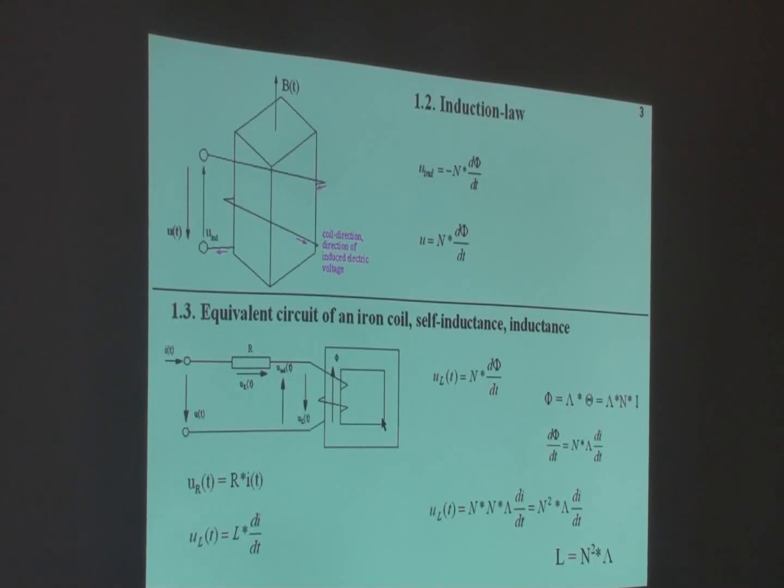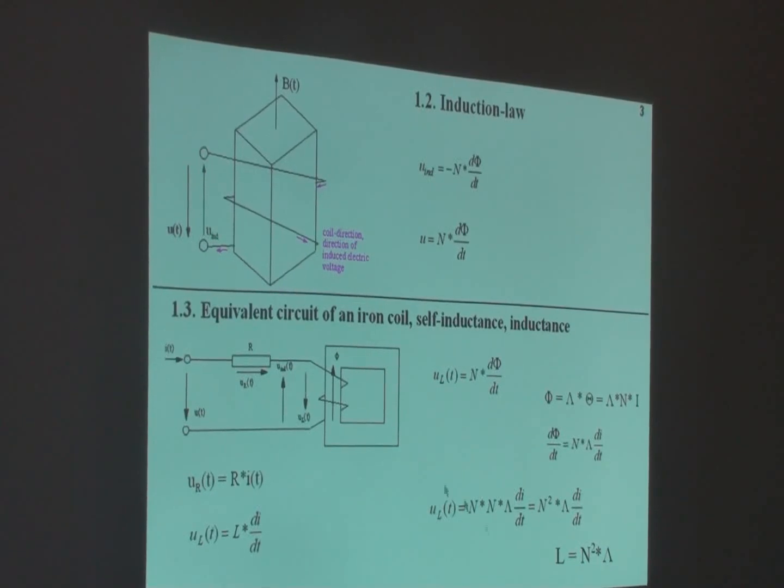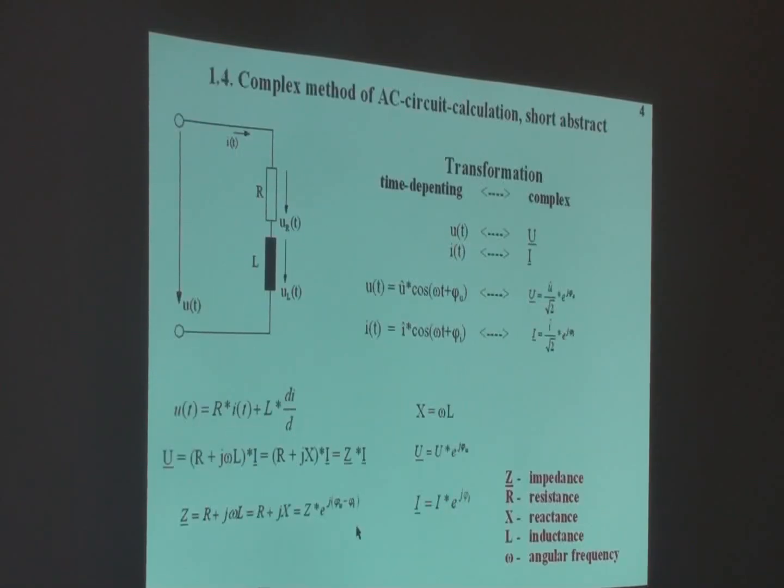In the first overview, I told you that the inductivity or the reactance is very important for the power we get in it. And therefore, we do not have to calculate this inductivity with this formula, but I will show you how all programs work. I think you know the complex transformation, complex AC calculation.